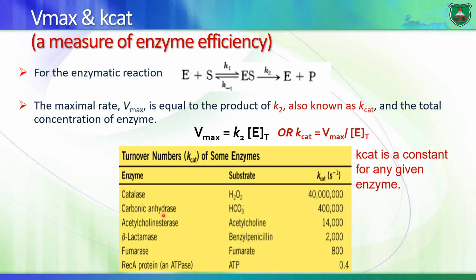Carbonic anhydrase can convert 400,000 substrates into carbonic acid per second. This is huge if you think about it. A single enzyme can catalyze 40 million reactions per second. Catalase, in fact, is one of the most efficient enzymes that exist in nature.